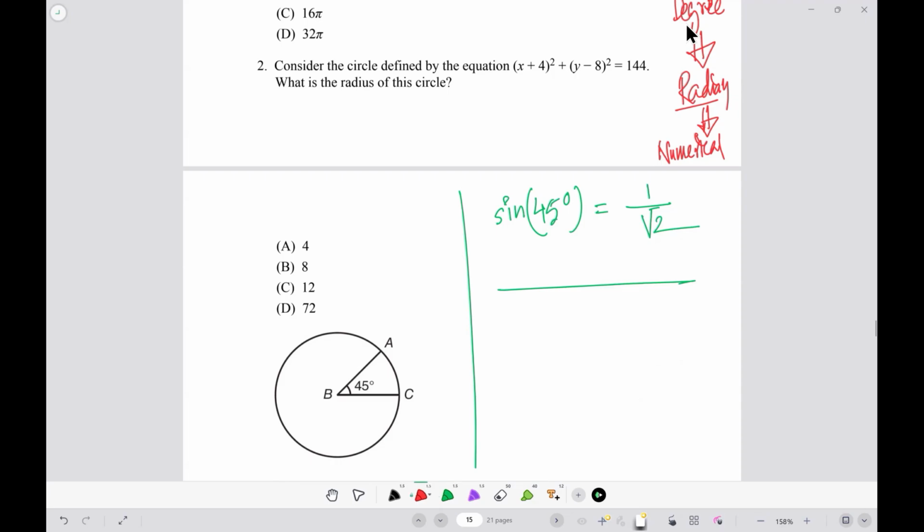But the sine 45 radian, give me a moment. Sine 45 radian is going to be approximately 0.851.